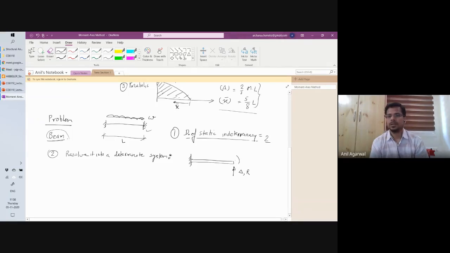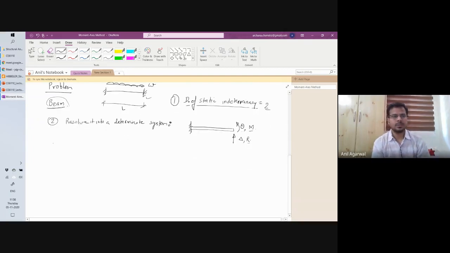Similarly, this theta is actually supposed to be 0, but I am allowing it to be non-zero by making it a cantilever, or I'm releasing a moment M. So releasing moment M means I'm making M 0 artificially or temporarily. I'm making M and R 0 temporarily. Or in other words, theta and delta were 0 before, which I am allowing to be non-zero temporarily. Okay. So that has been done now. Resolving the system to a determinate system is done.